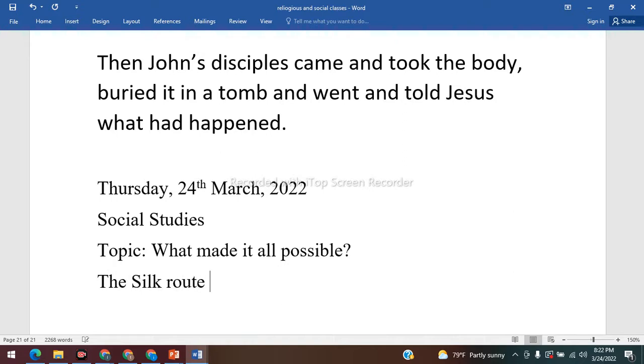The Silk Route was especially, we're gonna have to go over time with social. The last thing we did in RK was, I mean, before that, the death of John. Right, John's death.